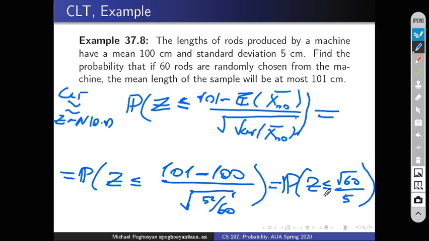And I'm calculating this probability by using the CDF phi at square root of 60 over 5. So this is the probability that if we randomly choose 60 rods, the mean length of the sample will be at most 101.